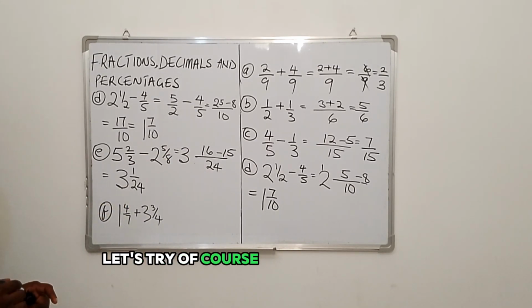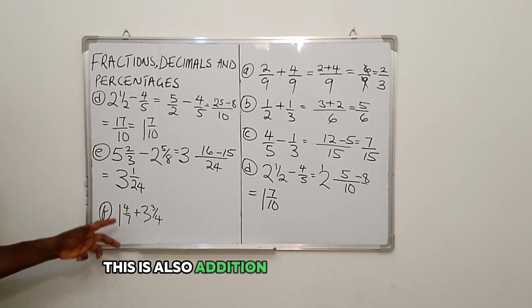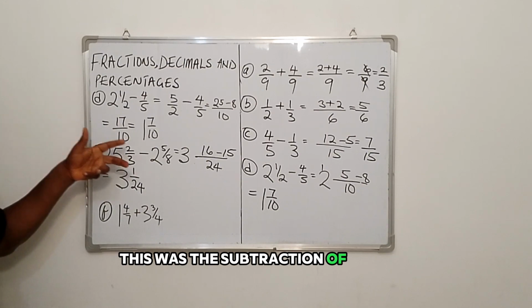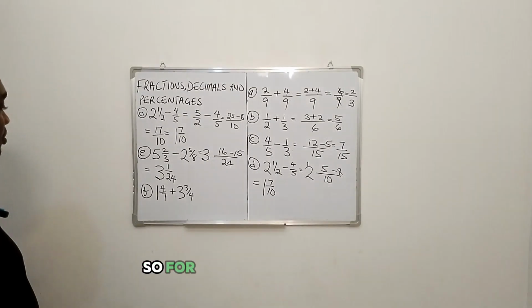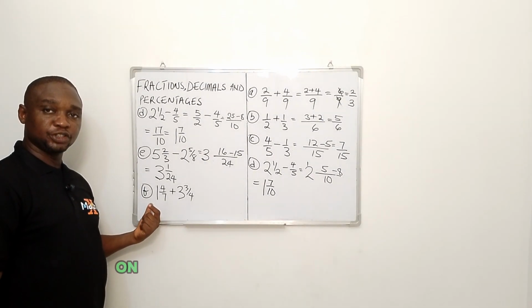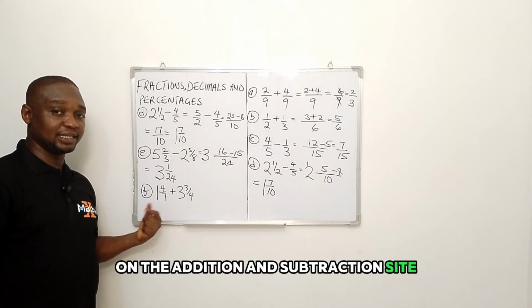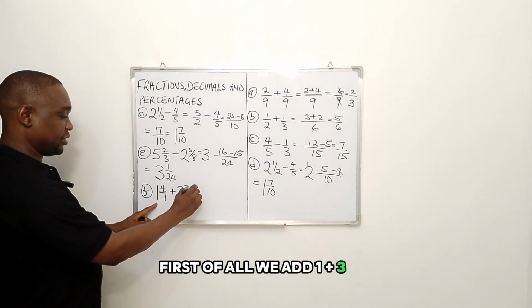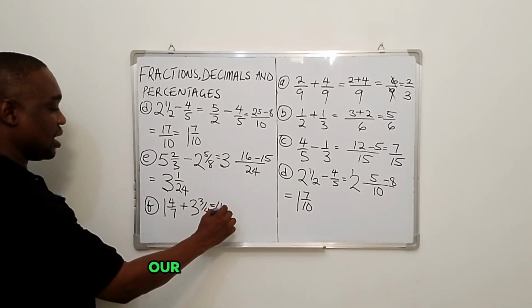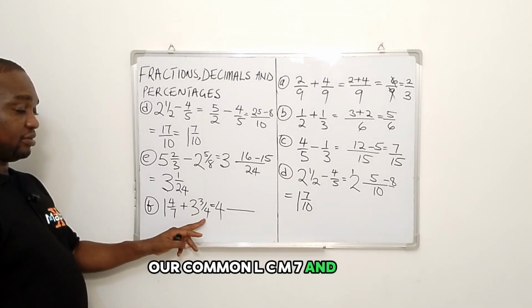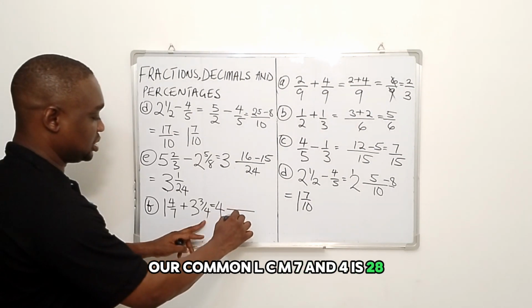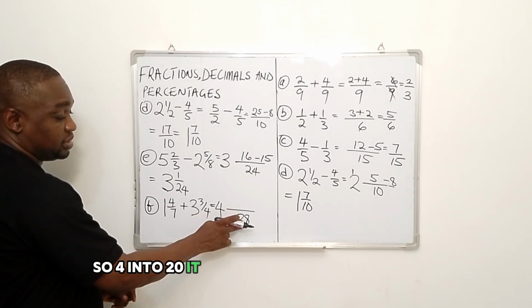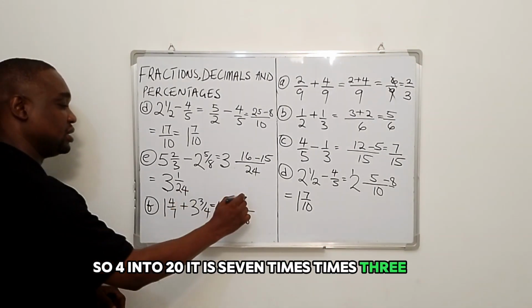Let's try, of course, the last but not the least. This is also addition of a mixed fraction. This was the subtraction of a mixed fraction. So for our last operation on the addition and subtraction side, first of all, we add 1 plus 3, which is 4. The LCM of 7 and 4 is 28. 4 into 28 is 7, times 3 is 21.